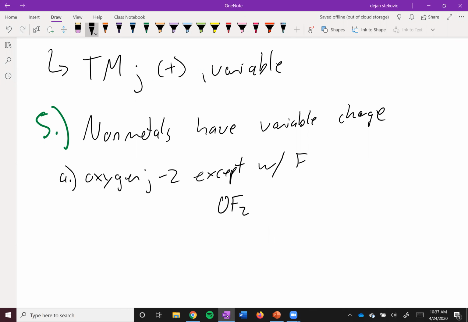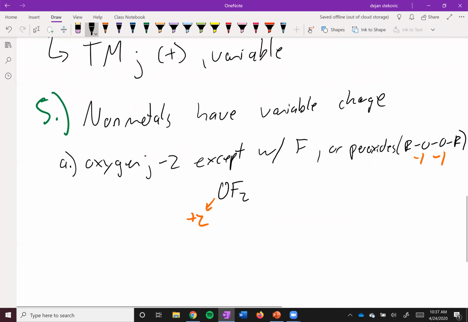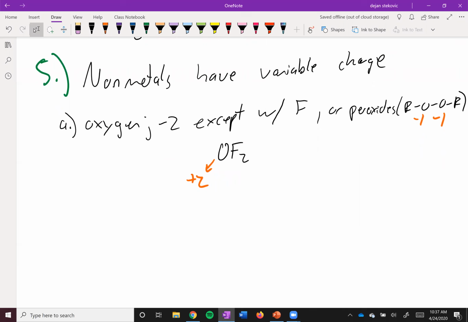So if you have OF2, this oxygen is actually +2. And then the other exception is with peroxides. So peroxides are oxygens connected to each other, and then there's other stuff on either end. In this case, they're both -1 each. But in terms of this class, oxygen will almost always be -2.